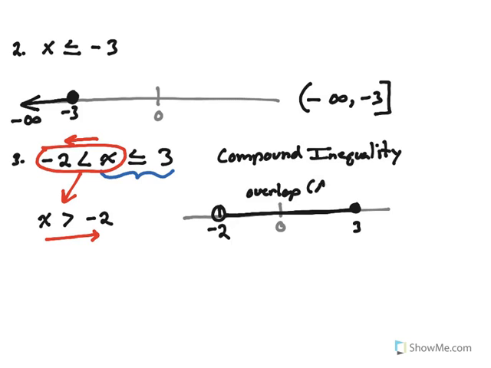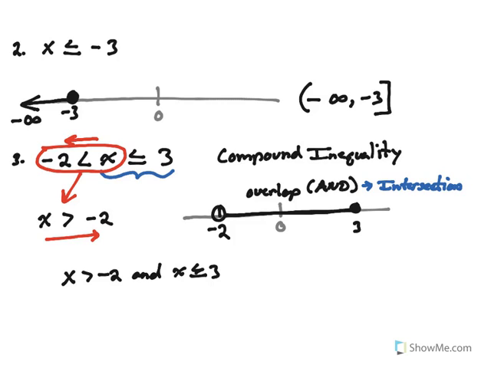And when they overlap, that is called an and, or it's also known as an intersection. That would be the more mathematical term. When there's an intersection, we call that and. So if you were to write these as separate inequalities, you would write x is greater than -2 and x is less than or equal to 3.